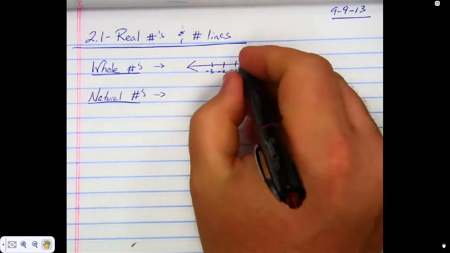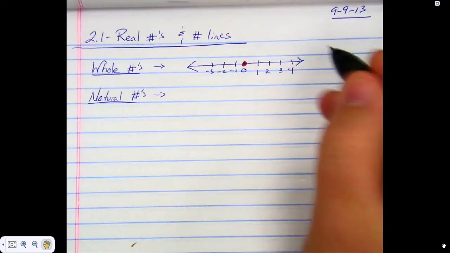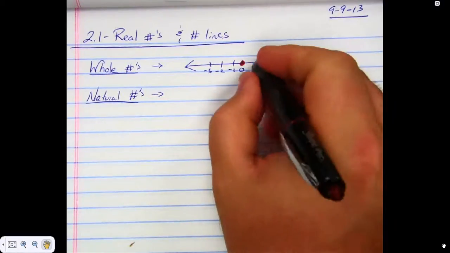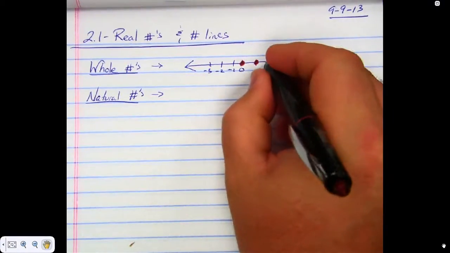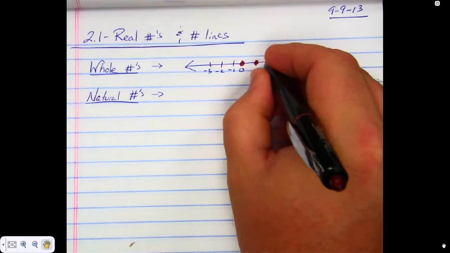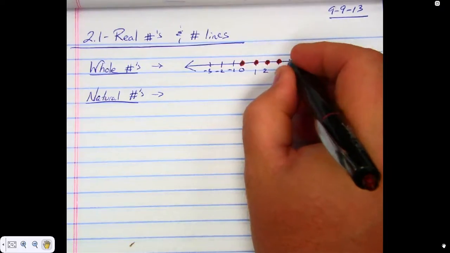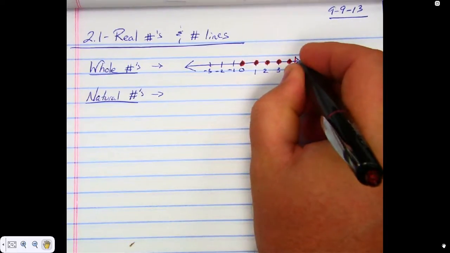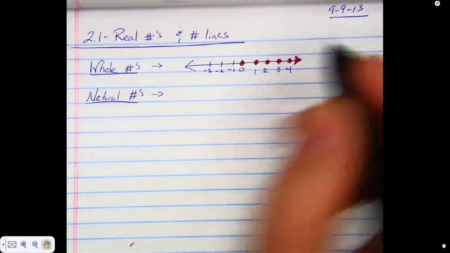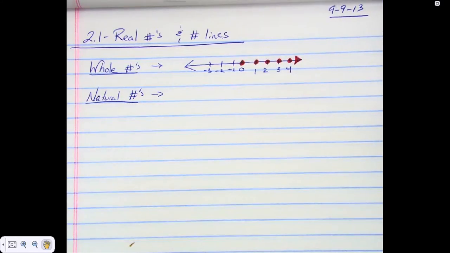Whole numbers are 0, then what? Anybody remember? 1, then what? 2, 3, 4, and then I'm going to color in the arrow to indicate so on and so on with the same pattern. It's not any fractions, it's not the numbers in between. It's 0, 1, 2, 3, 4, so it doesn't include negative numbers. Do the whole numbers include negative numbers? No, they do not.